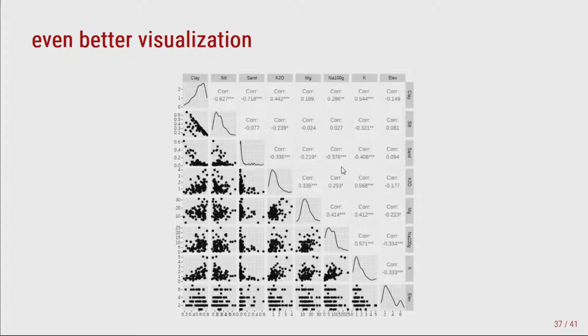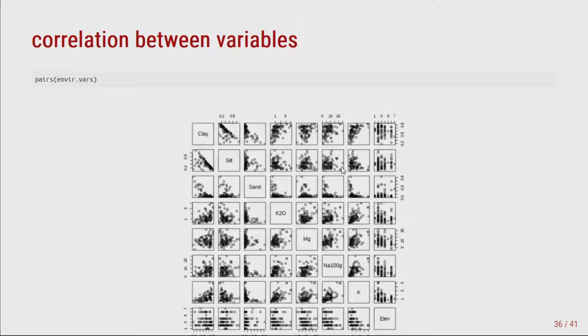In the previous slide, we can see that for the correlation between clay and silt, we have almost a line, but also we have kind of outlier points. No, this is not the outlier.